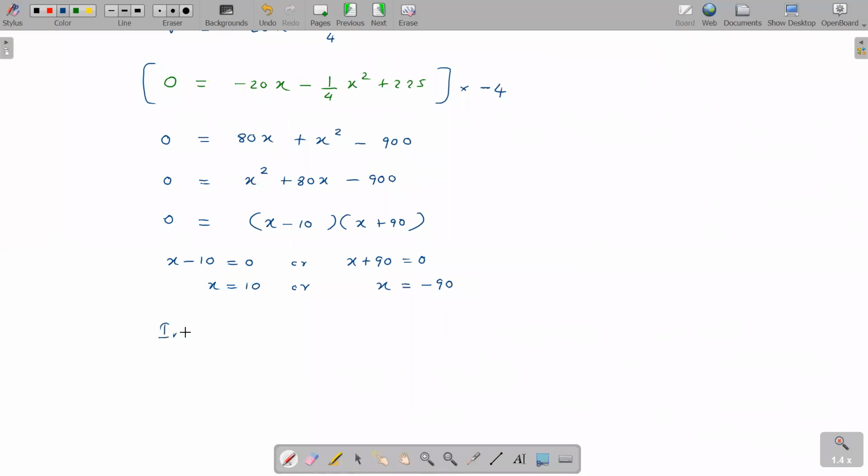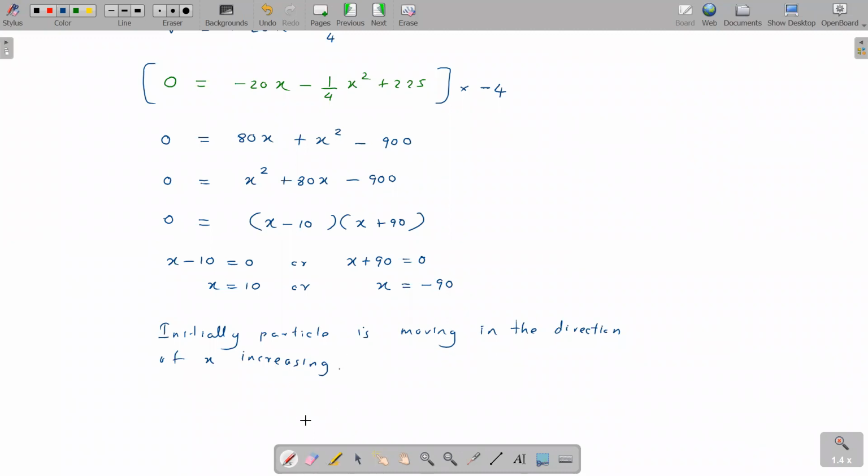So you can say, initially the particle is moving in the direction of x increasing. So what does it mean? It means the particle first reaches a displacement of positive 10 or negative 90.